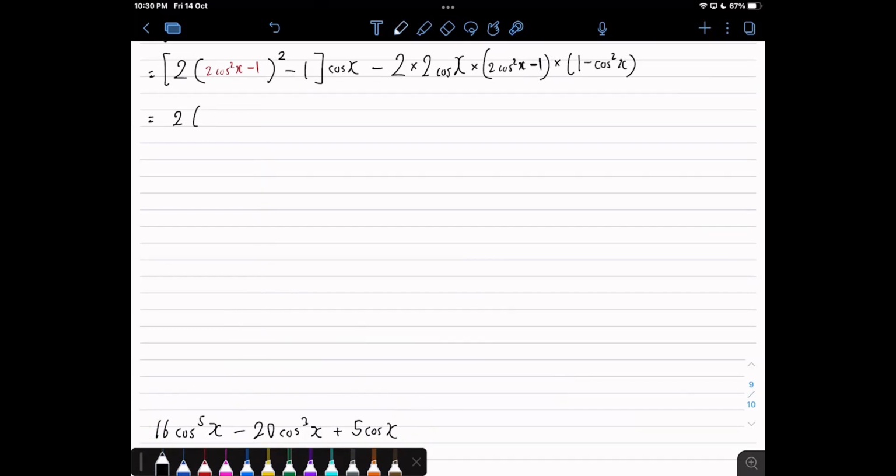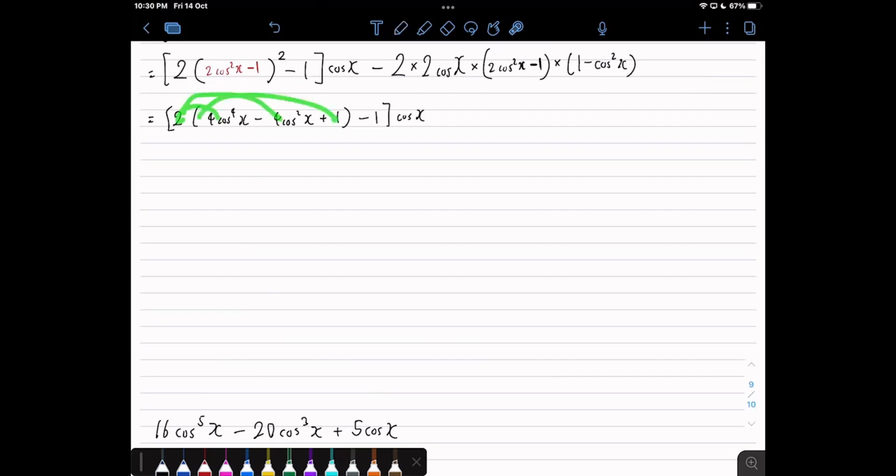Okay, so expand the square, you end up with 4 cosine 4x minus 2 times 2 times 1 is 4 cosine square x plus 1 square is plus 1. Close the bracket, minus 1. Square bracket around it times cosine x. Can I just skip a few steps here?